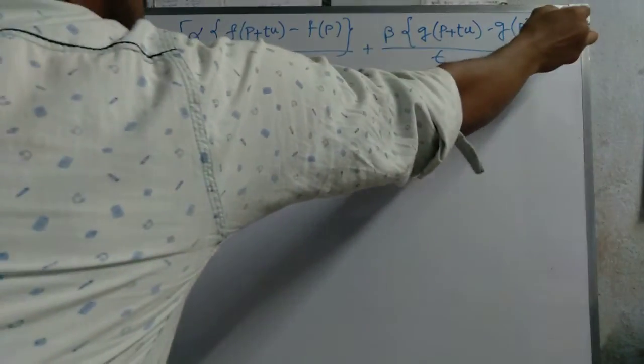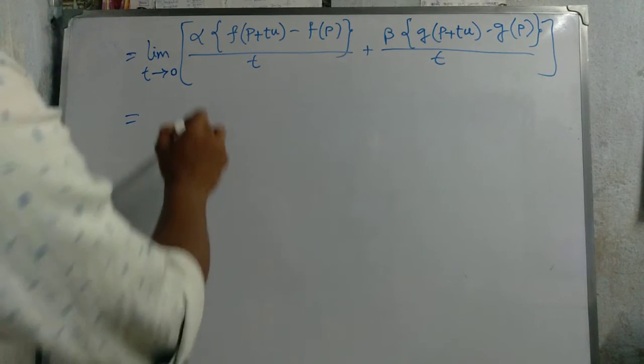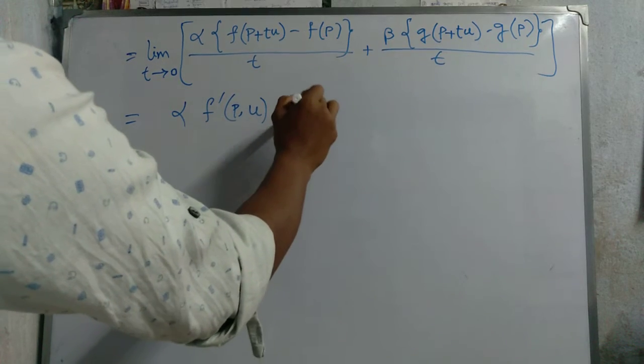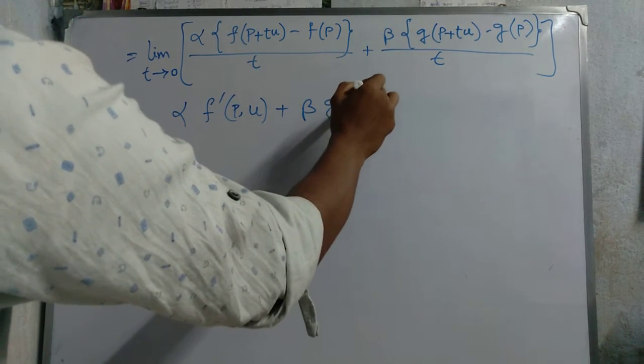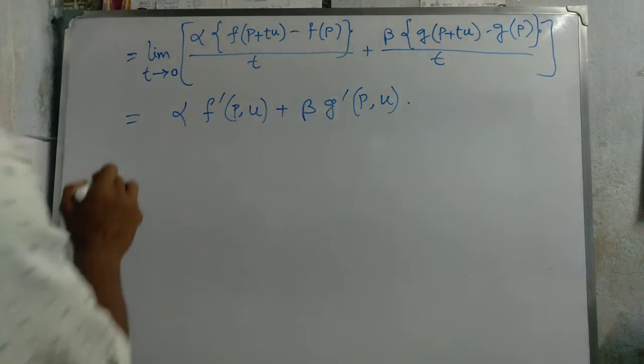Then this equals alpha f dash(p, u) plus beta g dash(p, u).